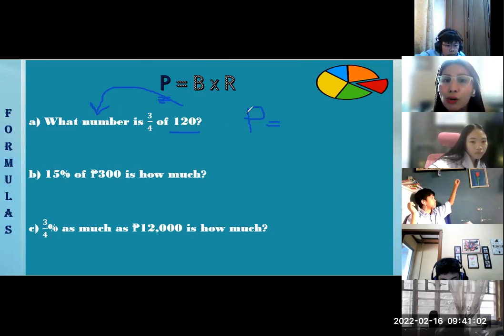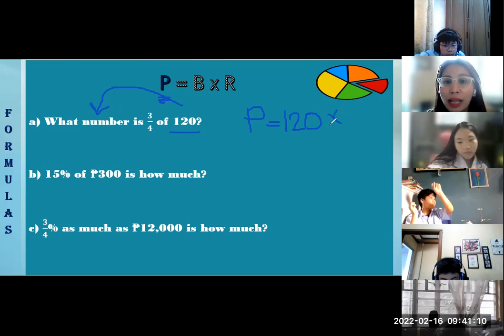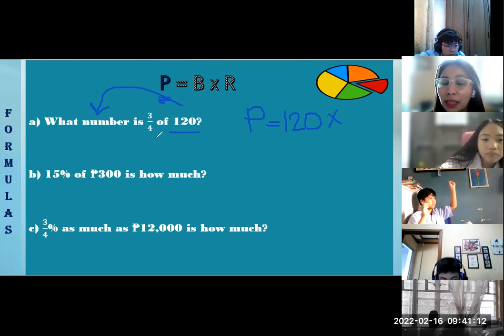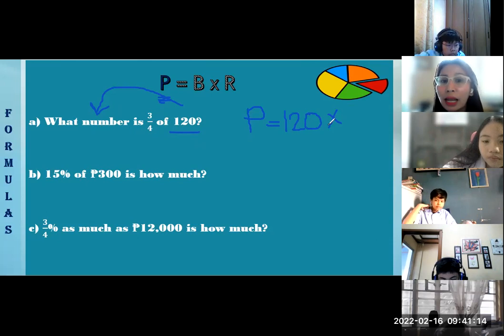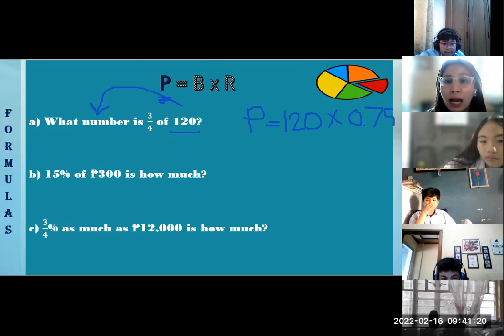P is equals to, yung base natin ay 120. Ang magiging rate natin, it can be fraction form, it can be 0.75. Parehas lang yan, class, di ba? Yung aliquot part, ayan, equal lang sila. 3/4 is the same as 0.75 in decimal.